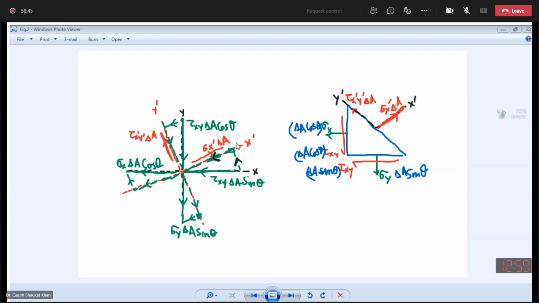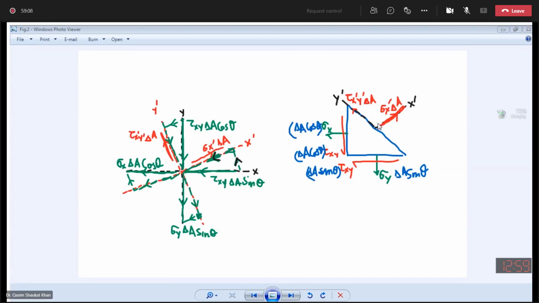Okay, now draw transformed x dash axis and transformed y dash axis. Okay? If you have drawn this, then let's start the force resolution.